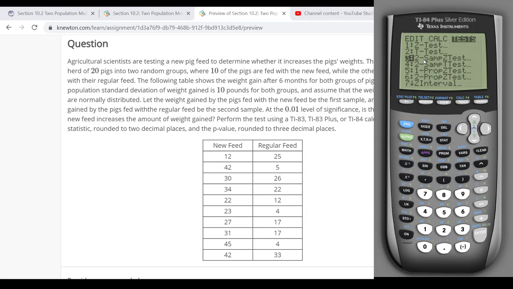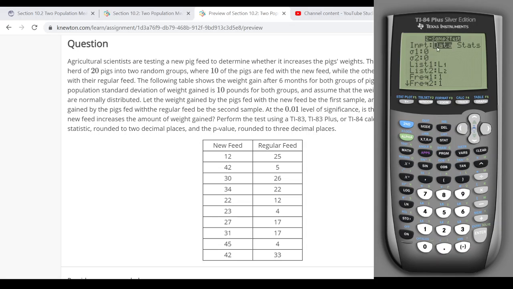The sample of pigs eating the new feed and then eating the regular feed. 2 sample z-test, right? And again, it's a z-test because I know the population standard deviations. If I didn't know them, then we'd have to talk about whether or not they were assumed equal or not. Do I have a pooled or non-pooled scenario and all that junk, and then I do a t-test. But I just go to number 3, 2 samp z-test.